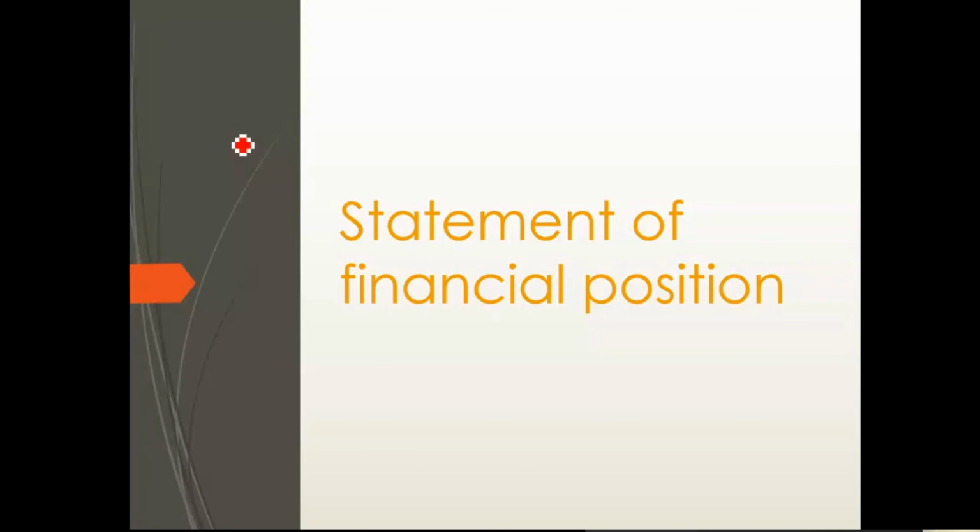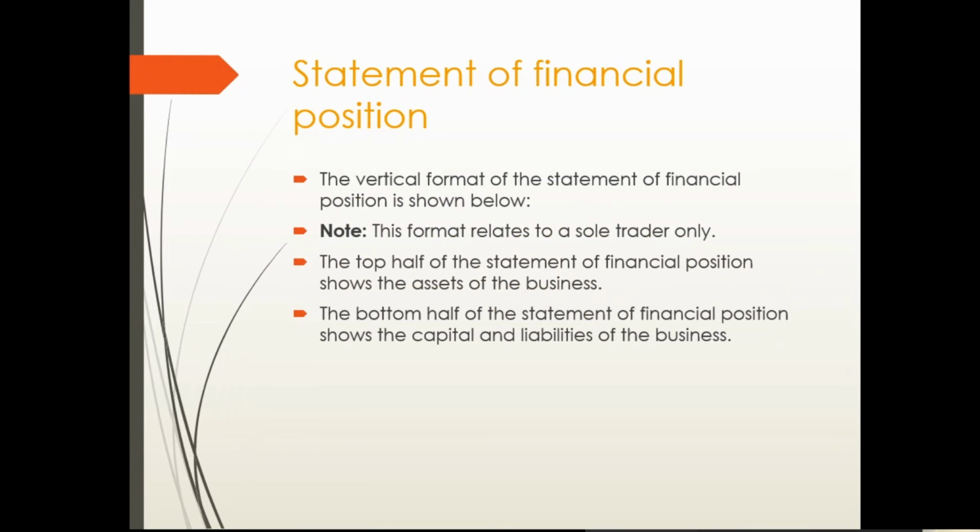So let's start with our first statement, which is the statement of the financial position. We have two types of the statement of financial position: the vertical and the horizontal way. The vertical format of the statement of financial position is shown below.